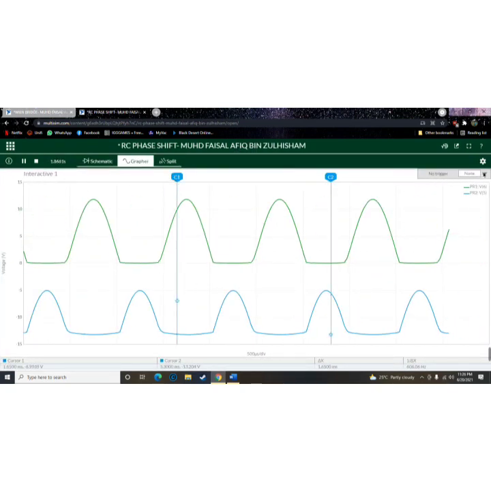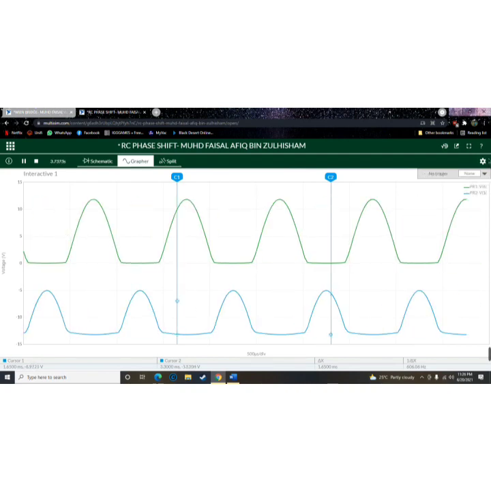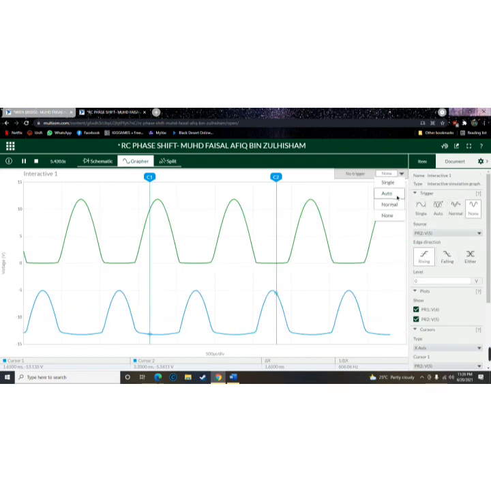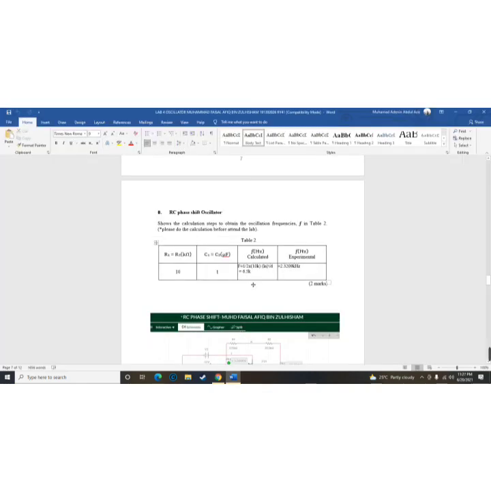Okay, now we center the cursor, and the value we got for frequency is 2.1316 kilohertz, while the calculated value is 6.5 kilo.